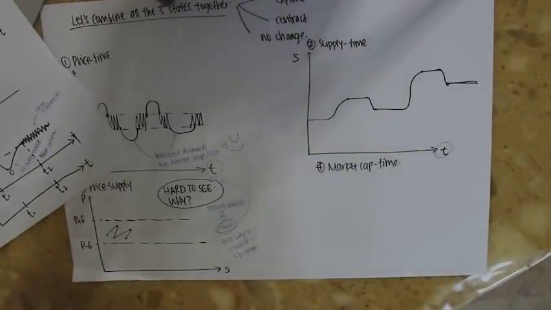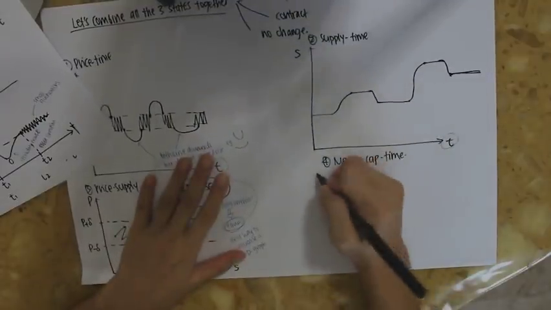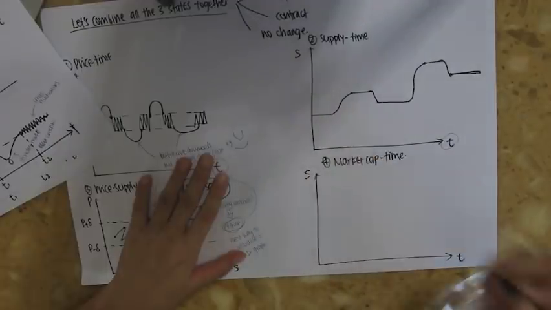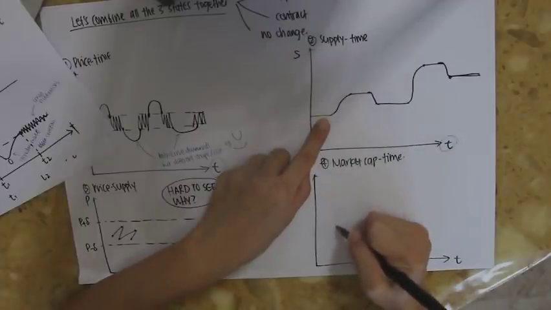And lastly, we go to market cap versus time. We look at the supply time graph that we have, and then we plot them accordingly to the squiggly lines, the ups and down curves, to show you the relationship.